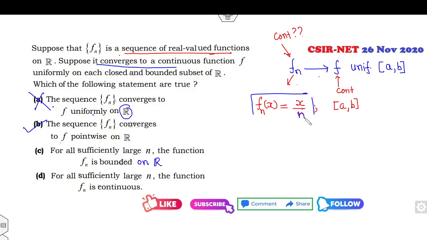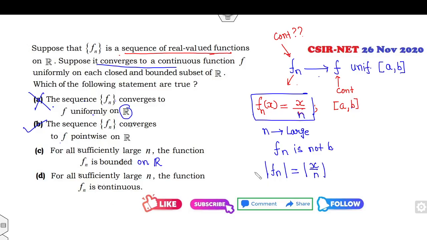So clearly, if you consider again this example, whenever n is a very, very large number, Fn is not bounded. Why? Because you can see what is f of n, x over n. On this R, x is not bounded. It is not less than 1 over n. So that means it is not bounded.